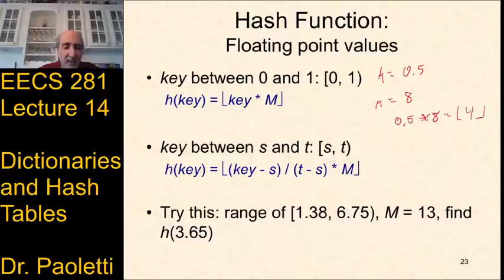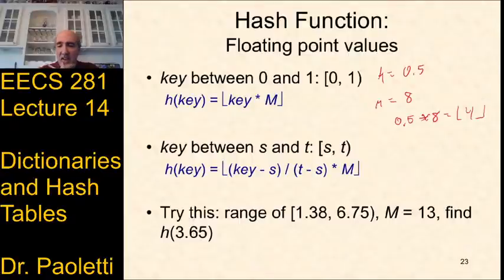And the reason I did the floor there is, what if I didn't have a number like 8? What if I had a number like, say, 9? 0.5 times 9 is 4.5. I can't put it at index 4.5, so I take the floor of that and say, oh, if the size was 9, you would still go at index 4.